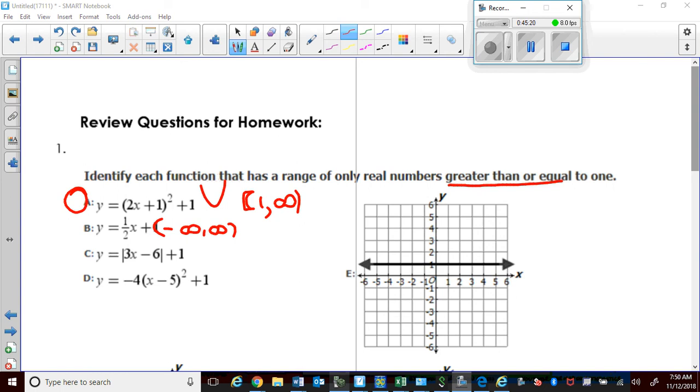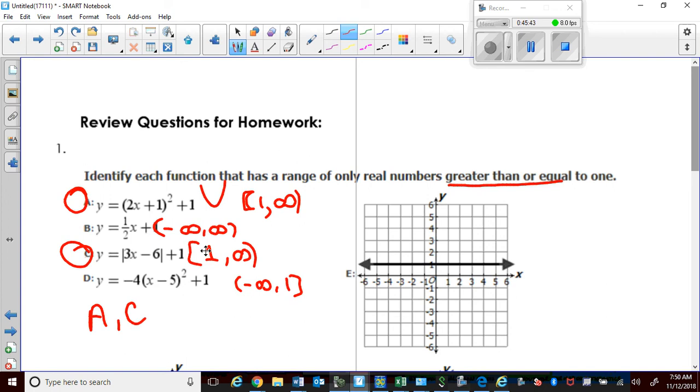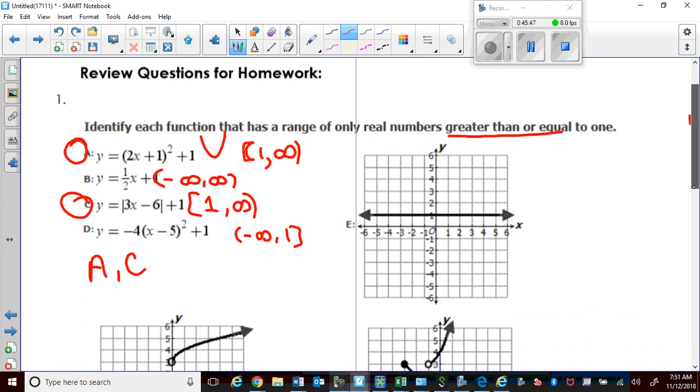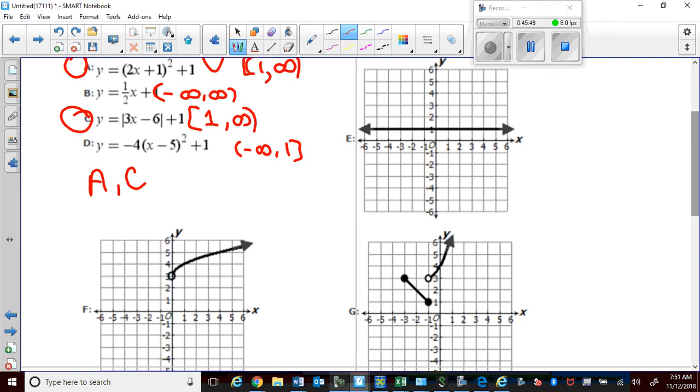So for C, the range, it goes from 1 up to positive infinity. C is an answer. And then for Y, the range is negative infinity to 1. So if you graph these, you'll be able to see it distinctly. So your answers are A and C. If you know transformations, you'll be able to see it as well. Saving a lot of work.